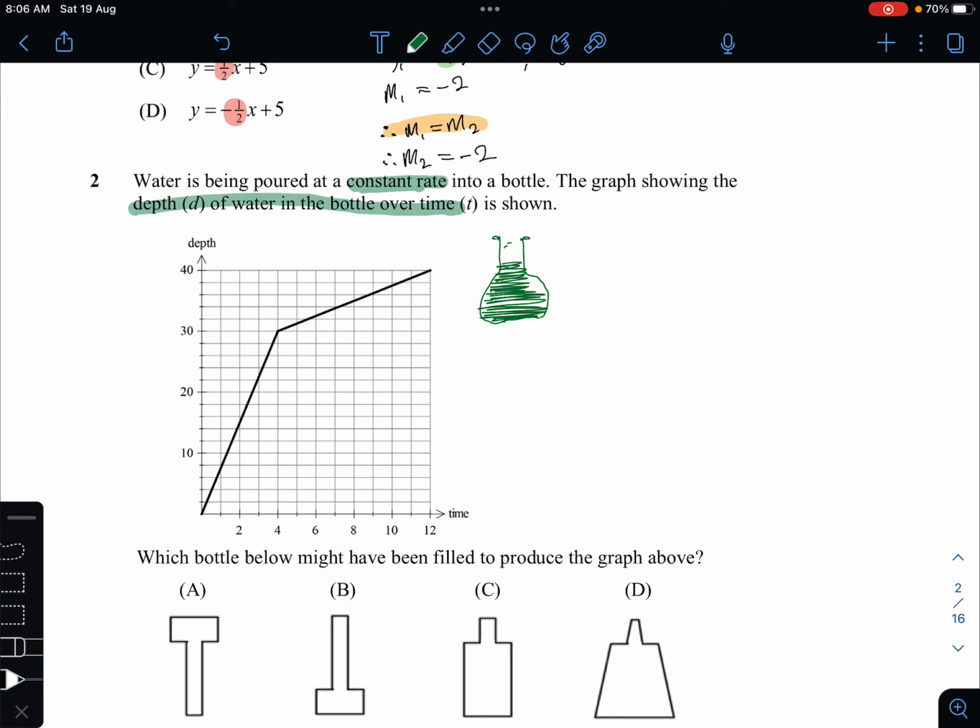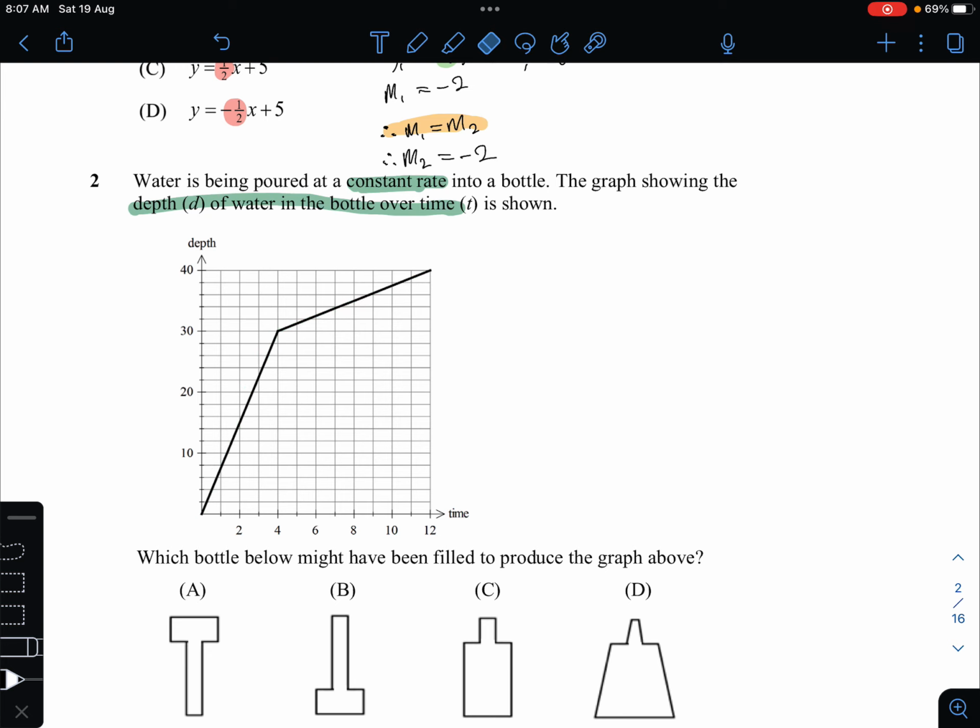So obviously, if you have a constant rate, the thinner the bottle, the faster it's going to rise, okay? And this graph is showing a quick rise, which then slows down, which implies that it'll be thicker on top and then thinner on the bottom, because it starts off thin and then it slows down as it gets thicker, right?